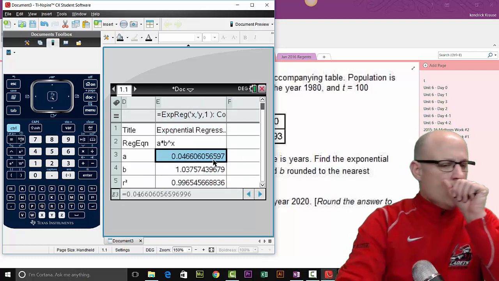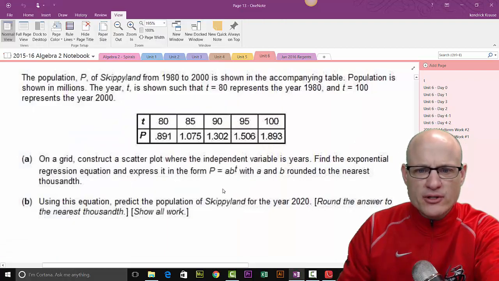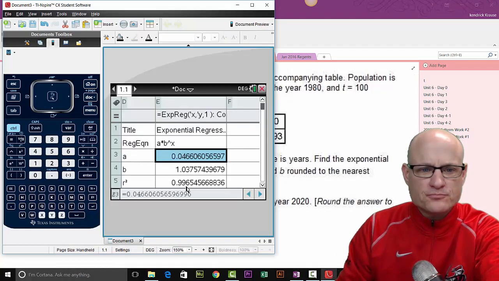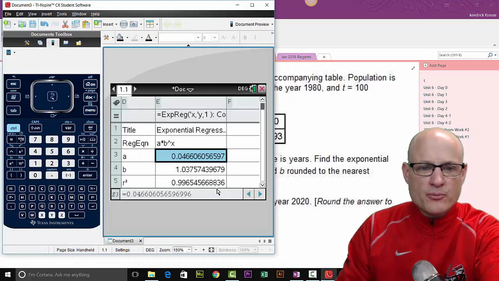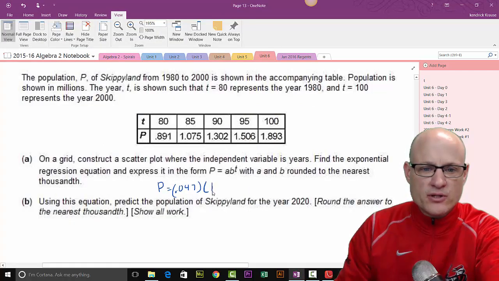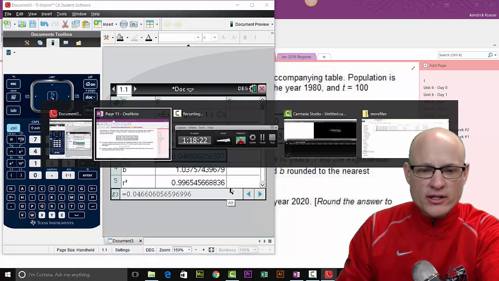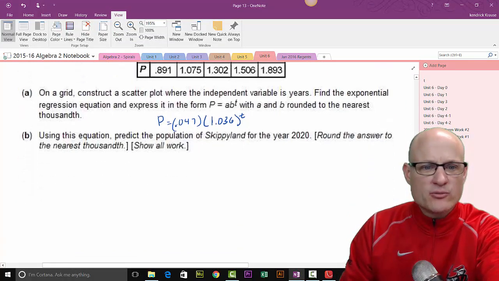So there's A. My throat's about to give out. We're going to round to the nearest thousand. So P equals 0.047 times 1.036 to the T. The question says, what's the population in 2020?